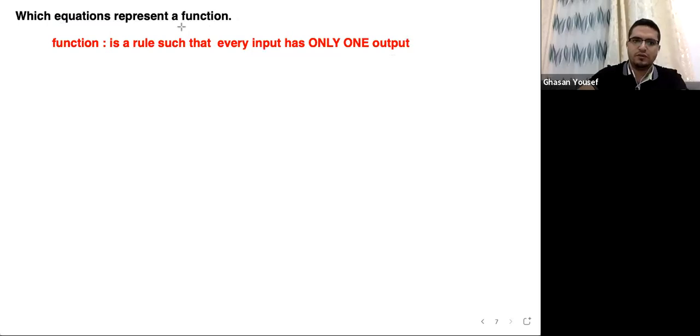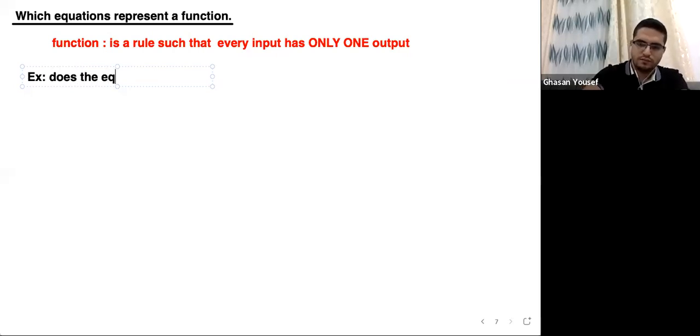I'm going to give you some equations, and we should know: does every input have only one output? So the example now: does the equation define a function? Which of the equations below define a function?